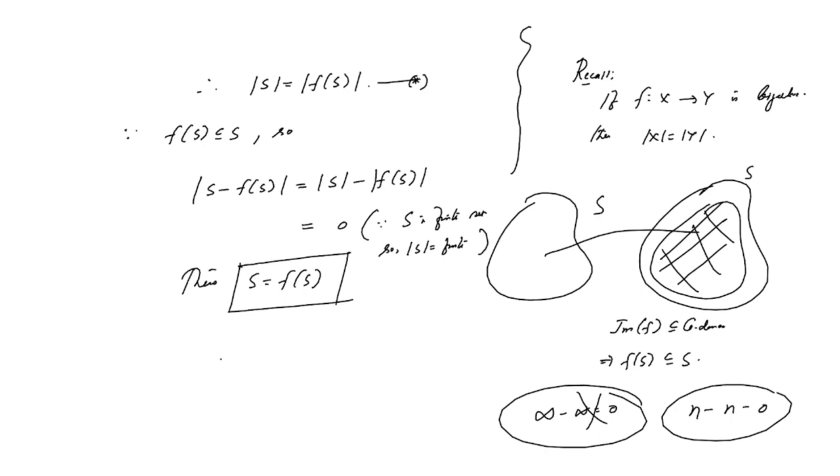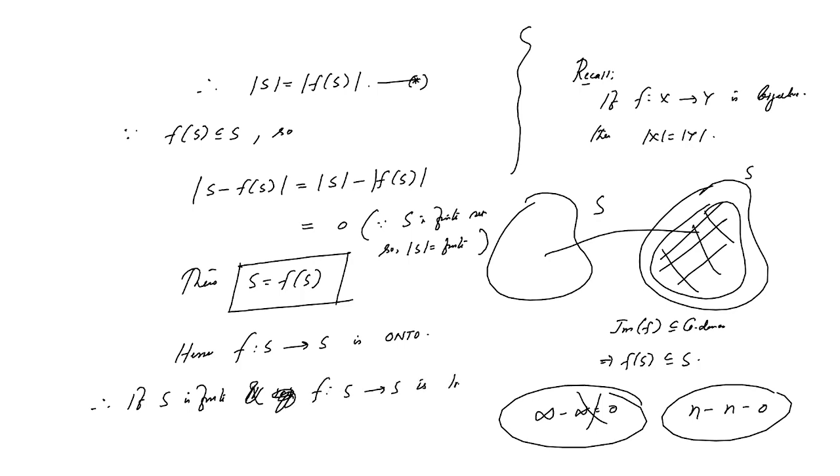And since S equals Fs, hence F from S to S is onto. So what we proved: if S is finite and if F from S to S is injective, then F from S to S is surjective.